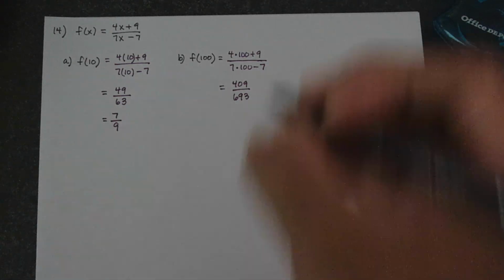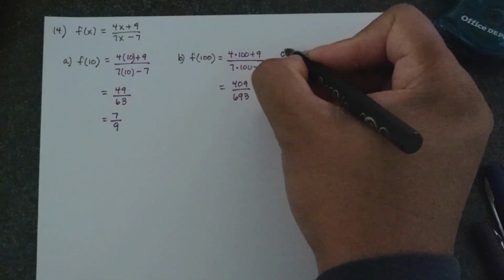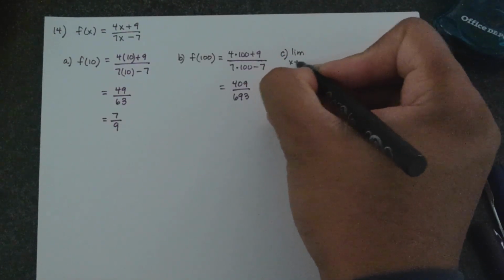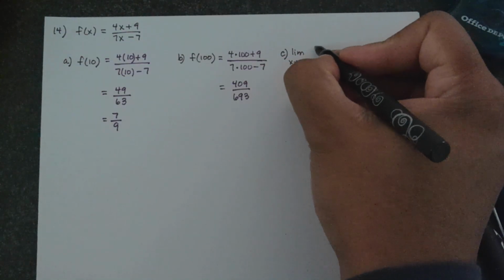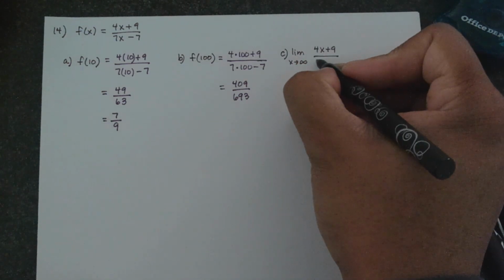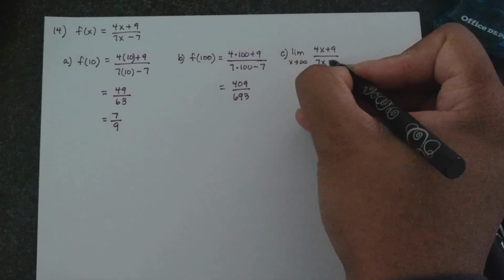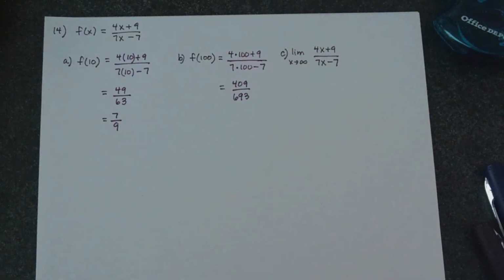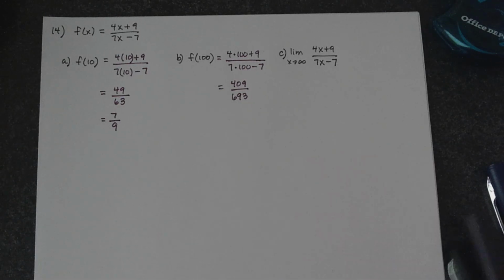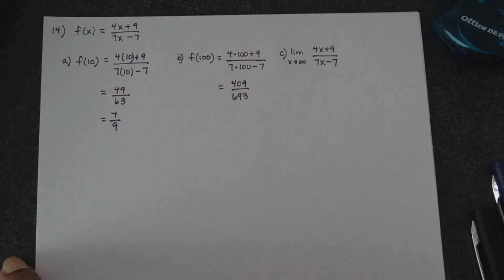No. Okay. Part C. This time we're finding the limit as x approaches infinity of 4x plus 9 divided by 7x minus 7. There's a couple of ways you can do this.